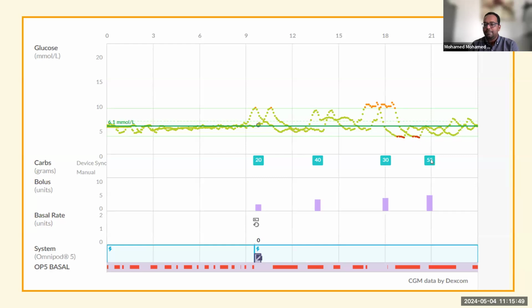Then he had a meal, then it went up to the baseline again. Then he went to sleep. When he went to sleep, the pump took over and maintained blood glucose tightly and nicely controlled until he woke up again. Does this make sense? Yeah, thank you.